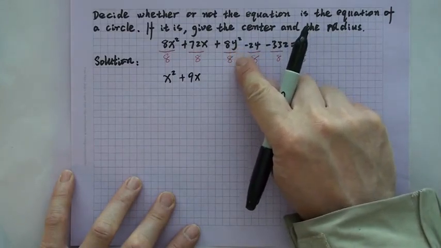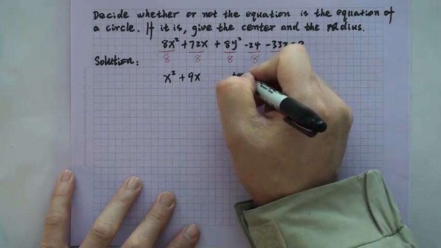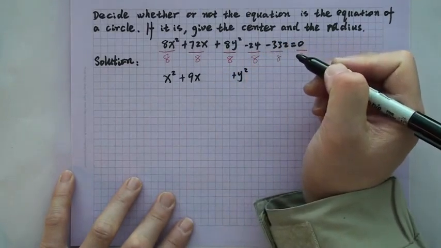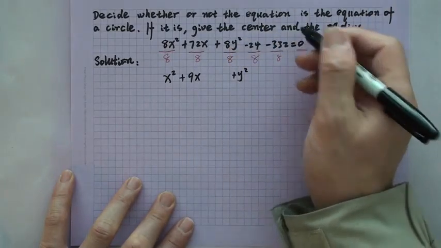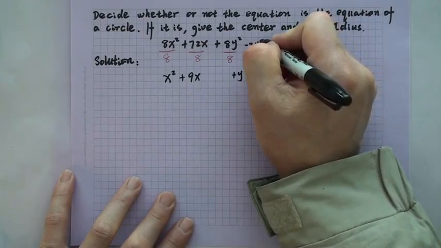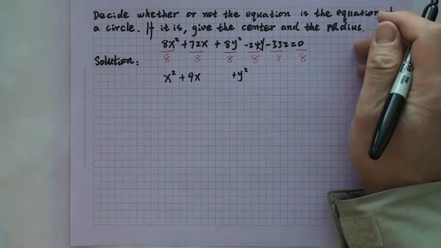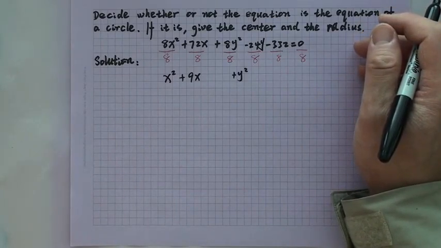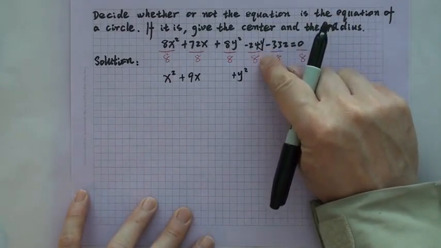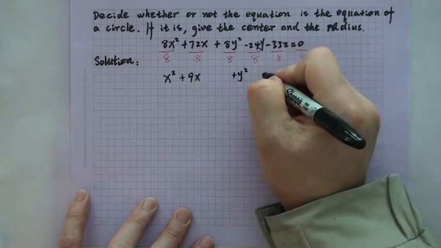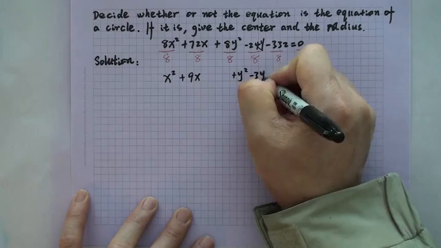And here is 8 divided by 8, so you have a plus y squared, because 8 divided by 8 is 1. So, the given equation was 24y. Now, 24 divided by 8, which is 3, and you have a negative, so negative 3y.